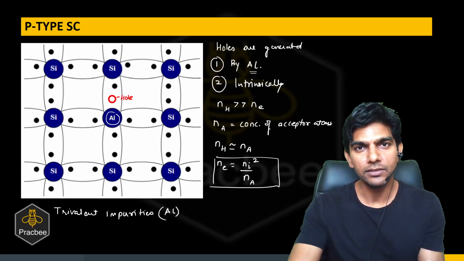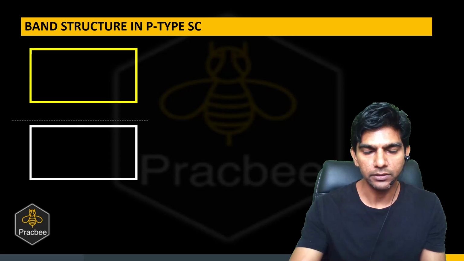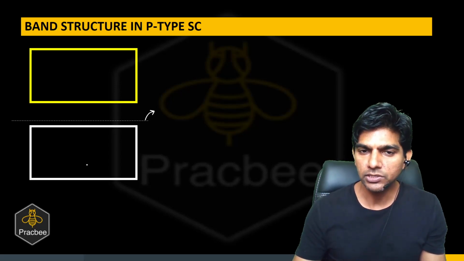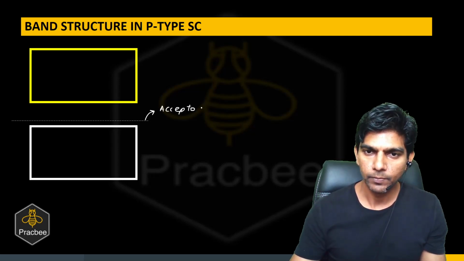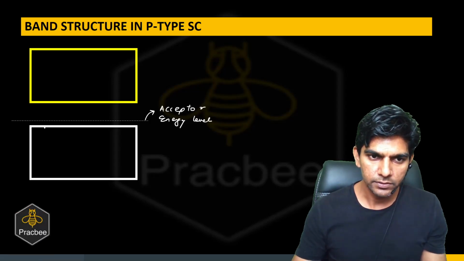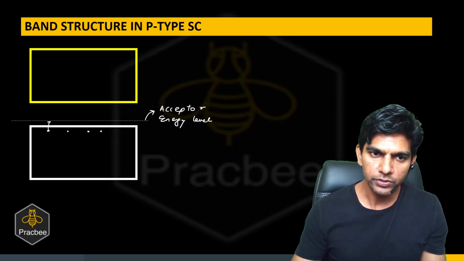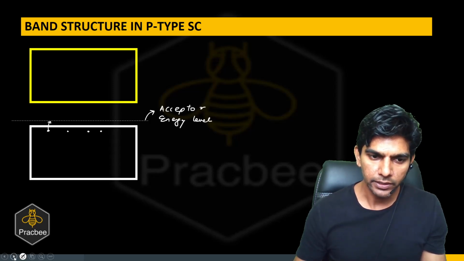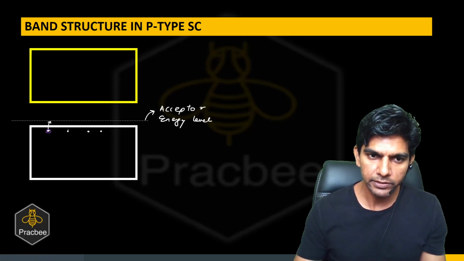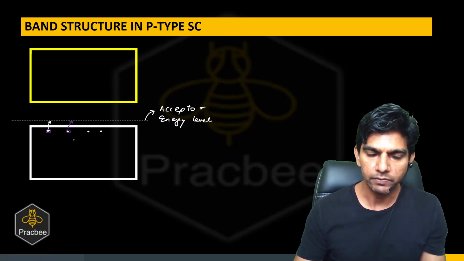Now let us see the band diagram for p-type semiconductor. In p-type semiconductor, we'll have another energy level created, which is known as the acceptor energy level. Suppose we have some electrons in the valence band; these electrons can easily move to this energy level, and then there will be a hole created in the valence band because of this energy level, right?